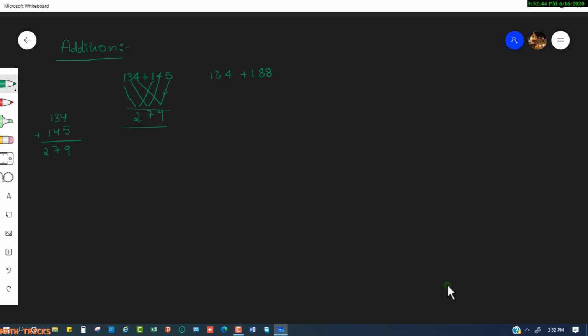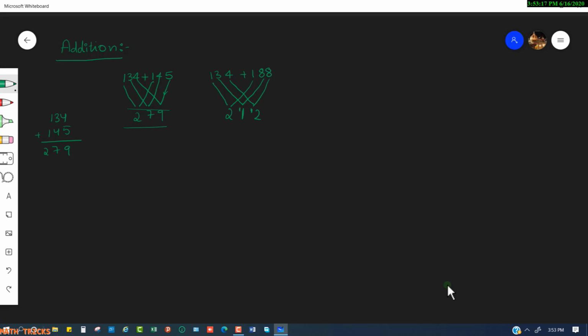You can add it like this. 1 plus 1 gives 2, you write 2 here. 3 plus 8 gives 11, so you write one in a small letter and one as a big letter. The small one is the carry forward to the next number, we can remember it like that. And 4 plus 8 gives 12, so you write one small and two big.